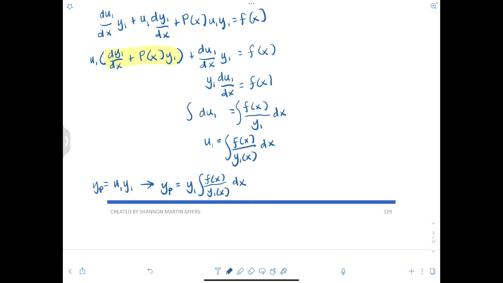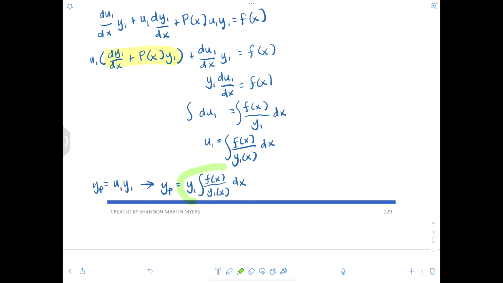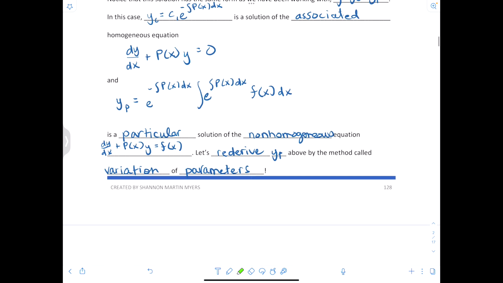Cool, cool. And here it turns out that this matches up with this one over here. Groovy? We'll be utilizing that one.